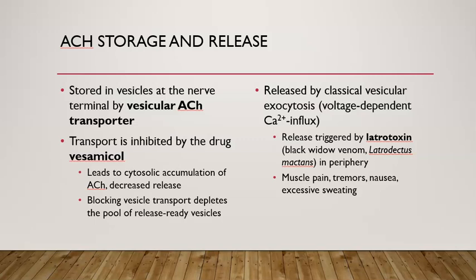Acetylcholine will be released by the classical vesicular exocytosis. So it gets synthesized and stored in these vesicles. The vesicular acetylcholine transporter brings it to the cell membrane at the synaptic cleft, and then we've got this exocytosis via a voltage-dependent calcium influx.